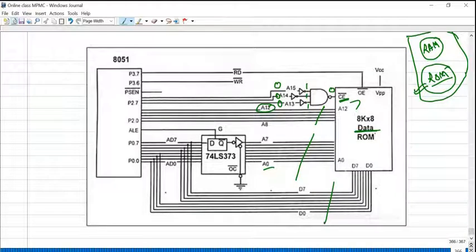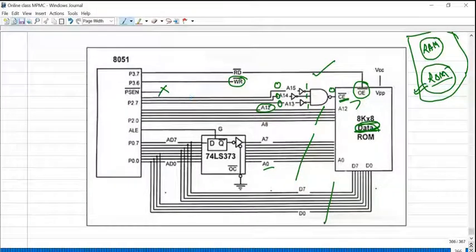When ROM acts as data memory, there is no use of program store enable. We are only going to read data from the ROM, so the write bar signal is also not used. The read bar signal of the microcontroller is directly connected with the output enable, because we are going to read data from the memory.